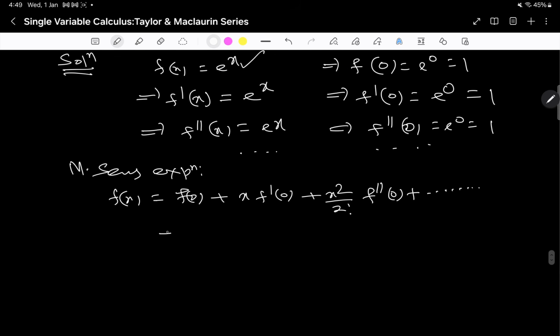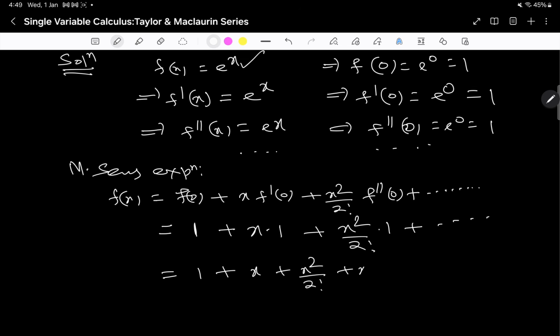So here if I substitute, f of 0 is 1, and it is x, f dash 0 is 1, plus x square by 2 factorial, it is here 1. So it is my 1 plus x plus x square by factorial 2, similarly here x cube by factorial 3 plus so on.